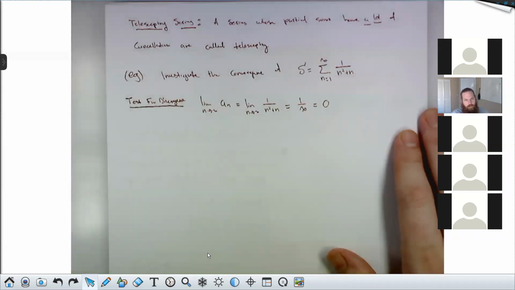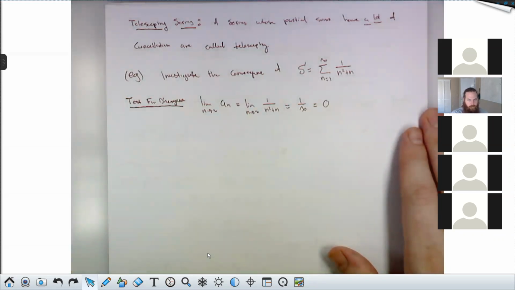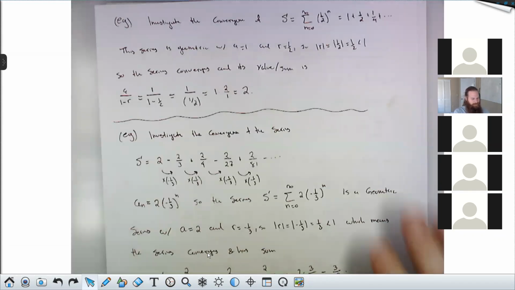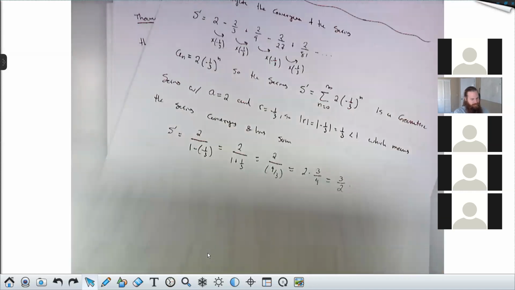And what does that tell us? What does the test for divergence tell us in the case where the limit of the a_n's is 0? That it converges. Diverges, sorry. Nah, go back and read it. Inconclusive, sorry.